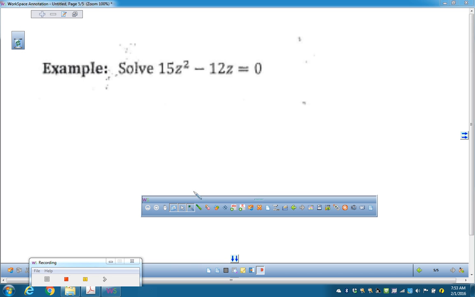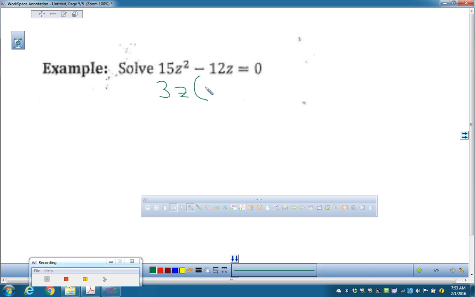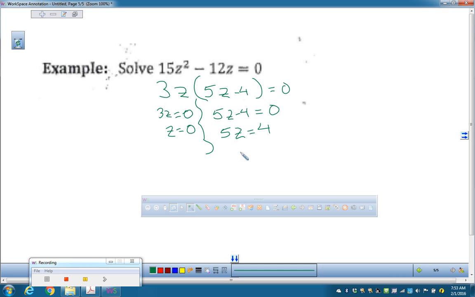So in this one, what can I pull out of both of these? 3, but also a z, okay? So this becomes 5z minus 4, right? Equals 0. And then you draw your little squiggly line, and you get your 3z equals 0, z equals 0. Here you get 5z minus 4 equals 0, 5z equals 4, z equals 4 over 5. That's how you do that kind of problem.